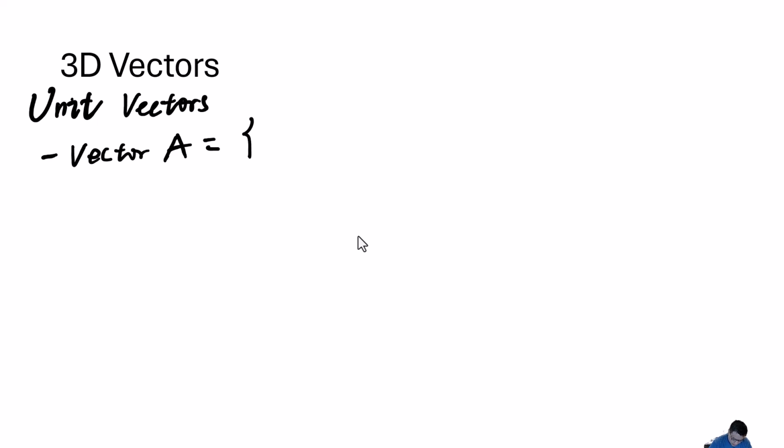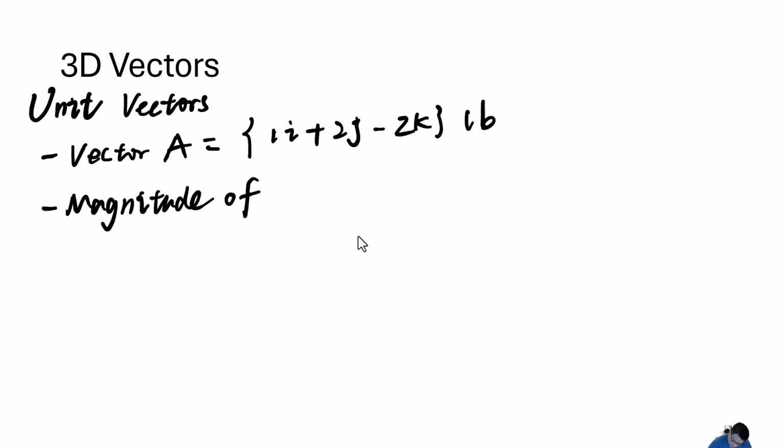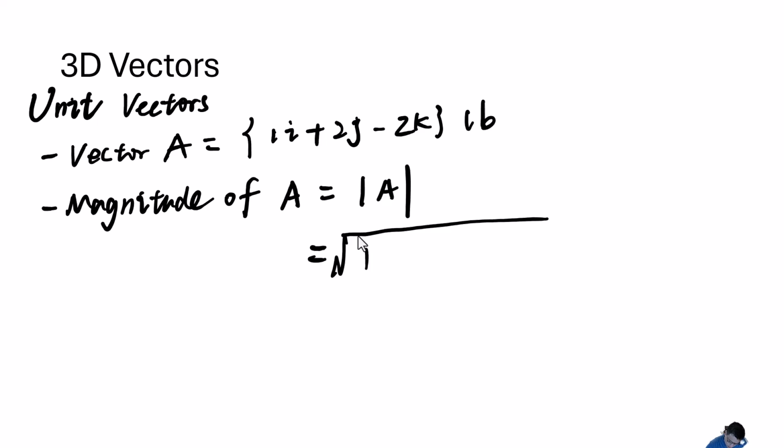And the magnitude of A will be the square root of 1 squared plus 2 squared plus (minus 2) squared, which equals 3. That's how we calculate the magnitude of this 3D vector.